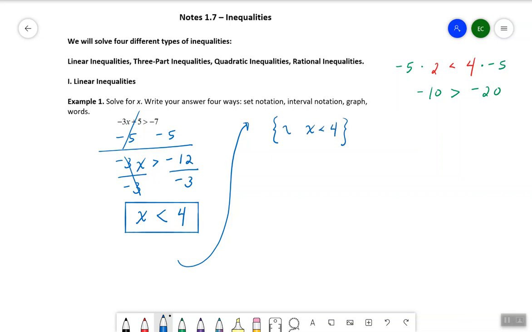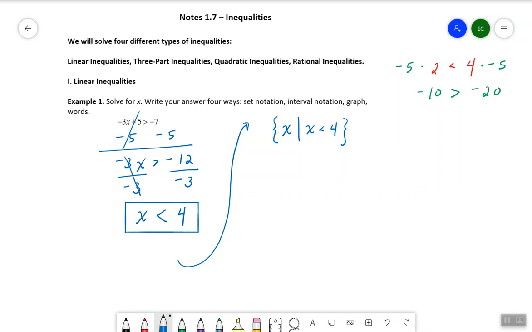There's a little bit of a formal structure in set notation. At the beginning of the statement, we state what the variable is, and then this vertical line says, okay, now we're going to use that variable to tell you what the interval is, and that is x less than positive 4.